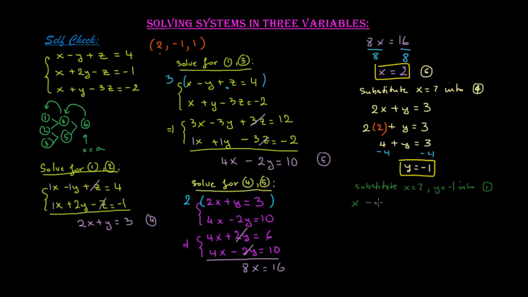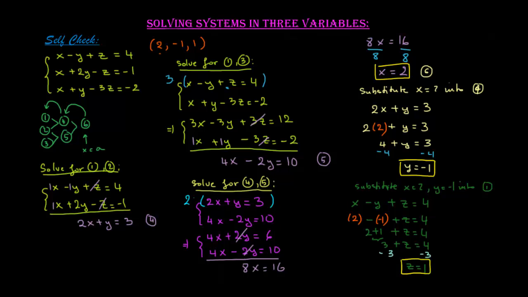So we have x minus y plus z equal to 4. x is replaced by 2 and y is replaced by -1. Then we have 2 minus -1 plus z equal to 4, which means 2 plus 1 plus z equal to 4. Combine like terms, that gives me 3 plus z equal to 4. Then we isolate z by subtracting 3 on both sides. Then z equal to 1, and that is my third unknown.